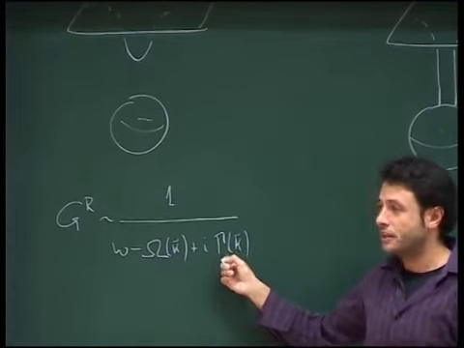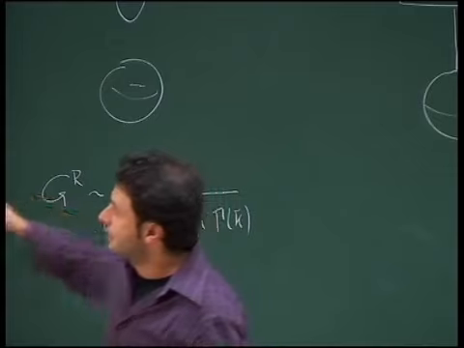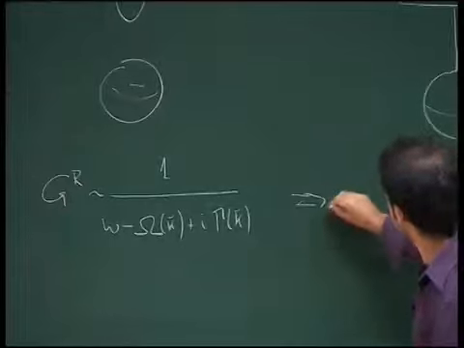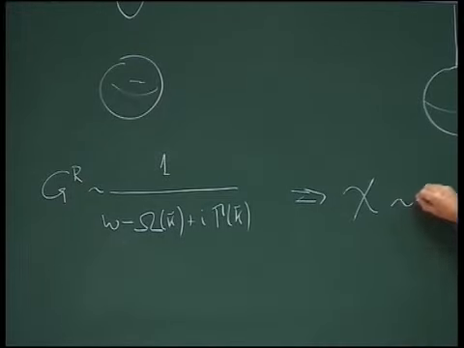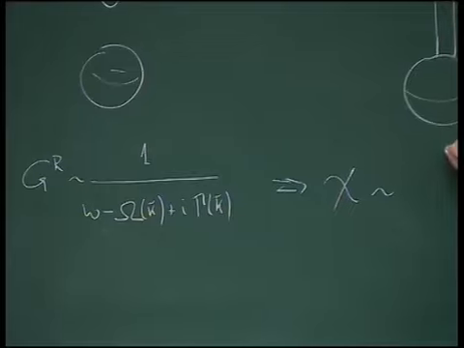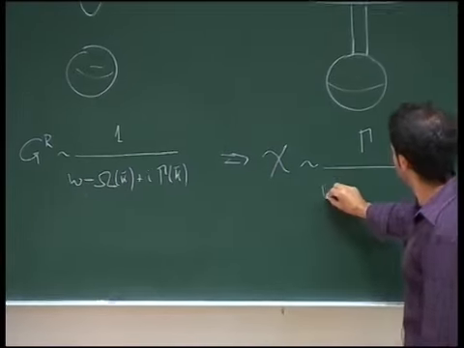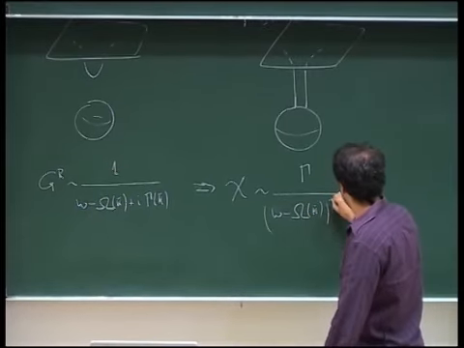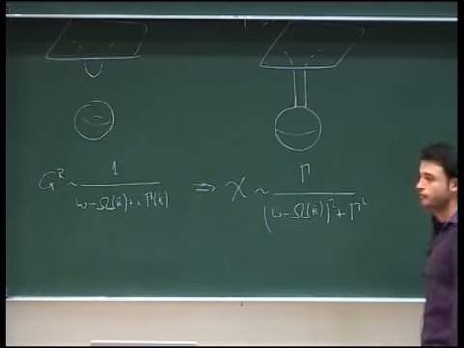And so if you take the imaginary part of that to get the spectral function, chi goes like gamma over omega minus capital omega squared plus gamma squared.